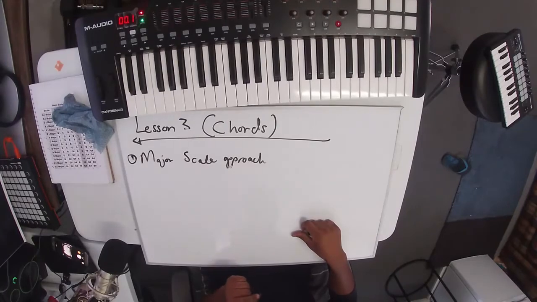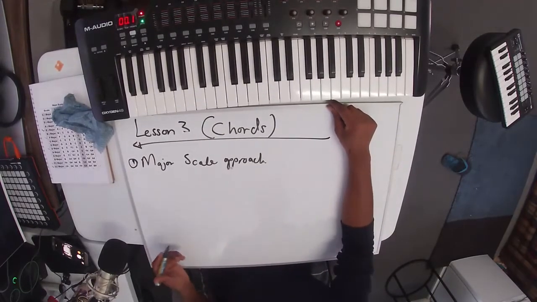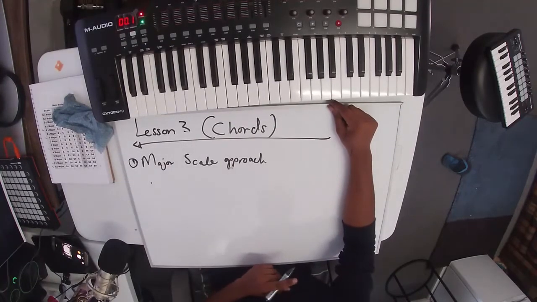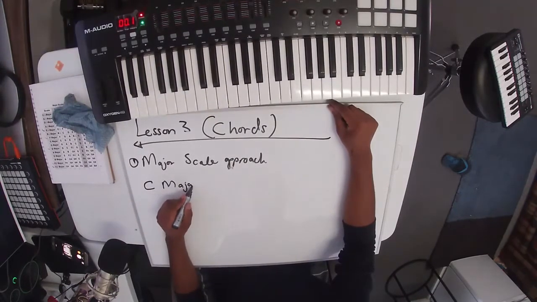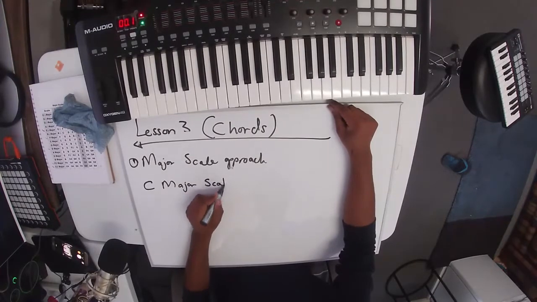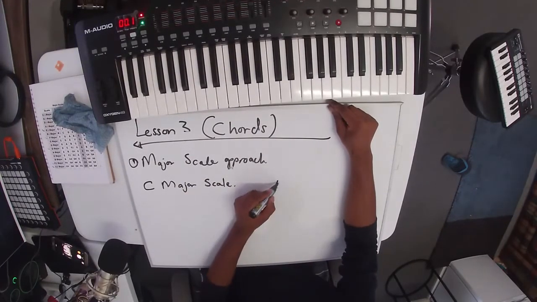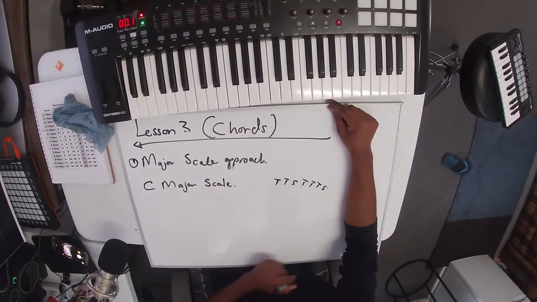With the major scale approach, the first thing you need is the major scale. Let's assume we're using the C major scale. From the previous video, you know that we use the formula tone, tone, semitone, tone, tone, tone, semitone.